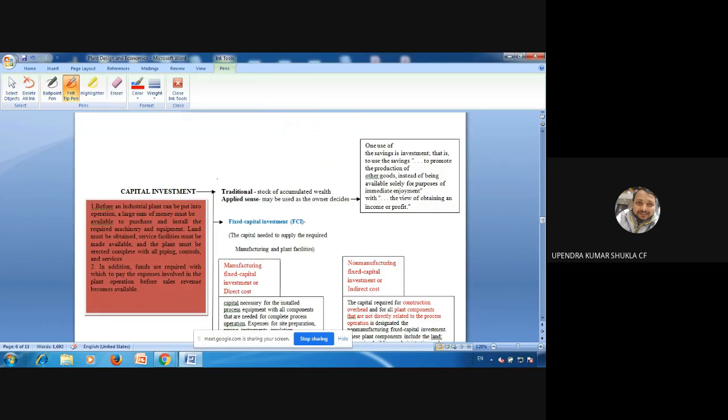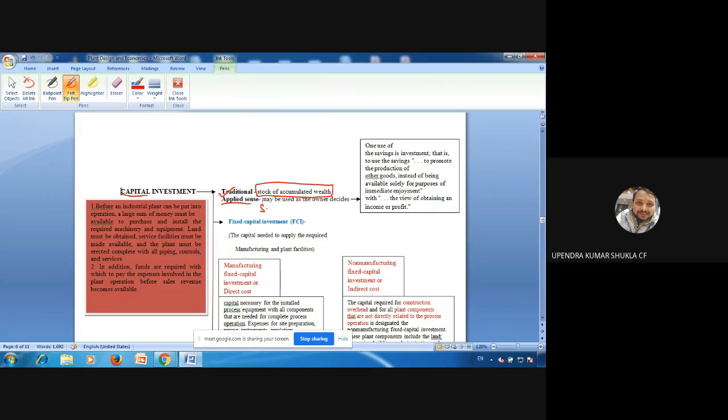As far as capital investment is concerned, first you need to understand what you mean by capital. The traditional meaning of capital is a stock of accumulated wealth. And in an applied sense, this is saving.